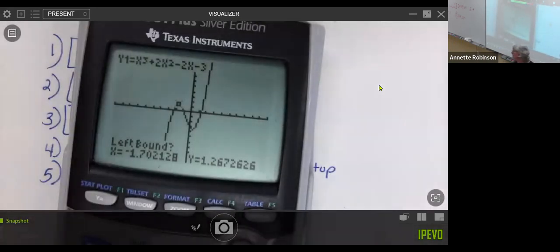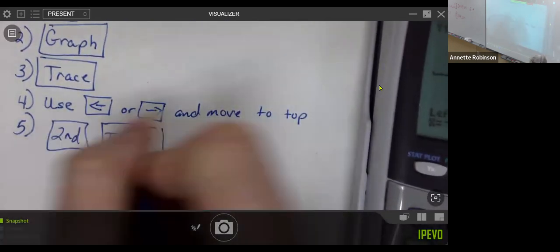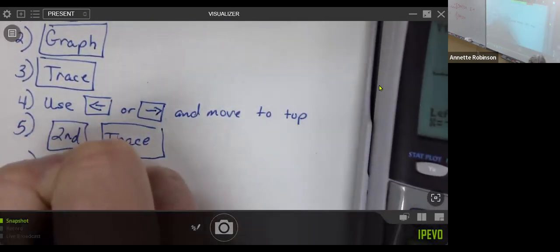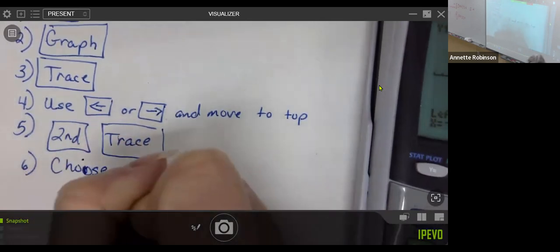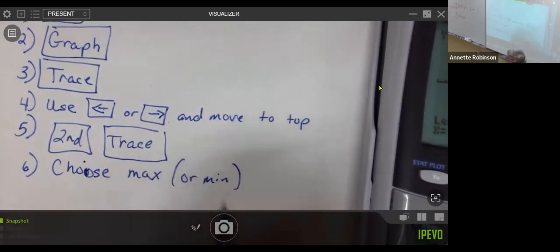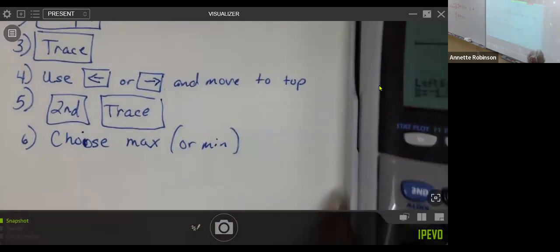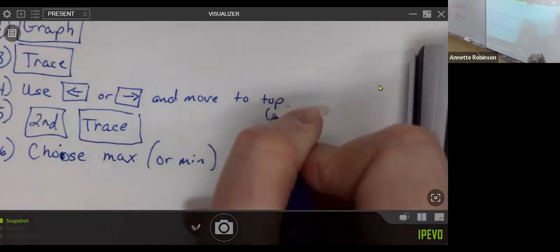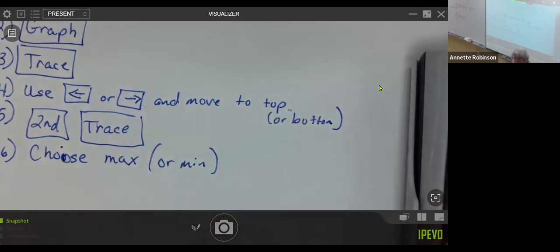Did you get a question at the bottom? So step 6 would be choose max. When I said move to top, I could also have said bottom, because it's basically the same steps for a minimum.